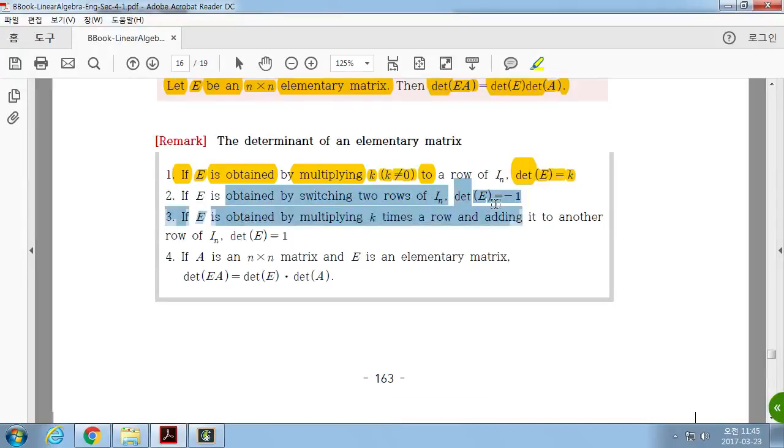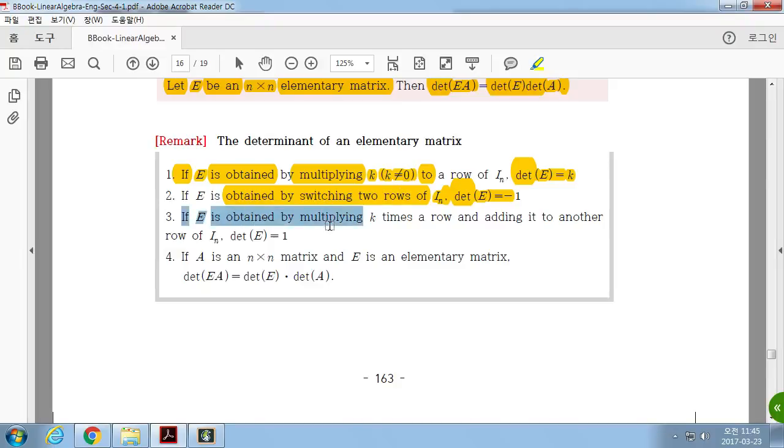If the elementary matrix is obtained by switching two rows, then it's not a diagonal matrix. Only two ones are off the diagonal at each position. Then the determinant of that will always be -1, because it is one permutation from the identity matrix.